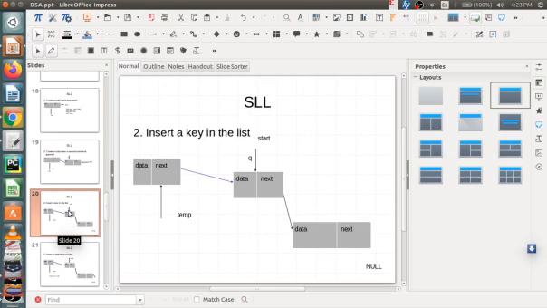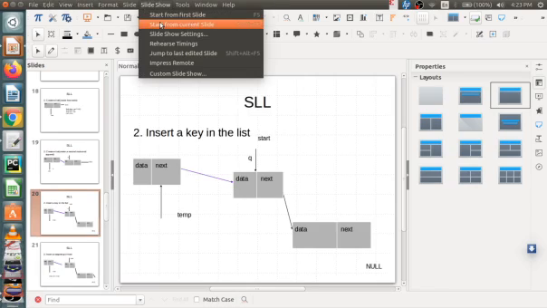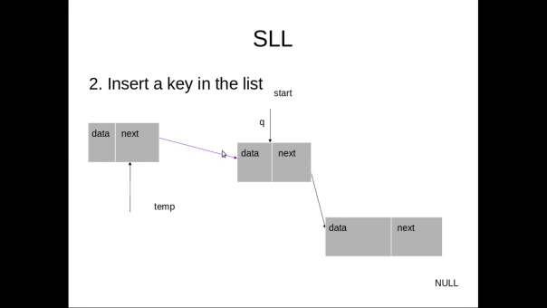Now let us start inserting a key in the list. How do you insert a key? Key is nothing but the data part of the node.